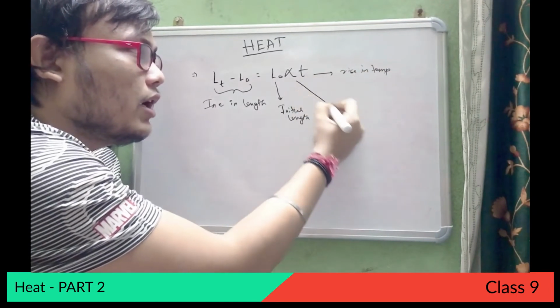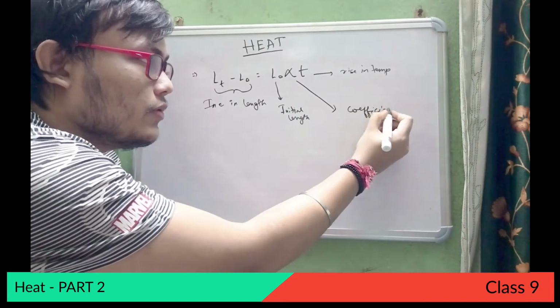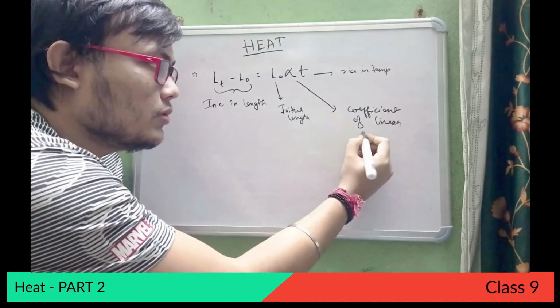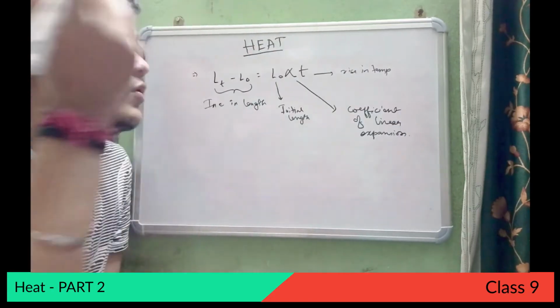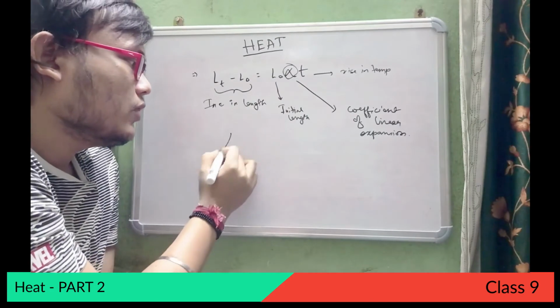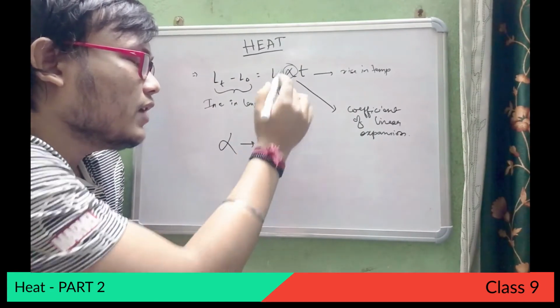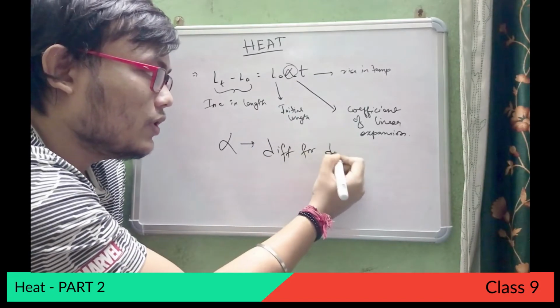This alpha was known as the coefficient of linear expansion. This alpha depends on the material. Alpha is different for different materials.